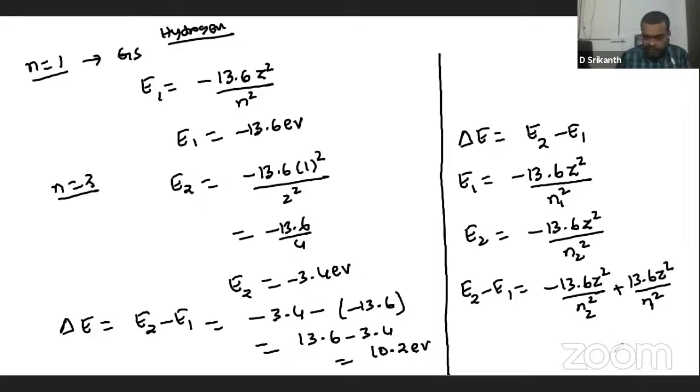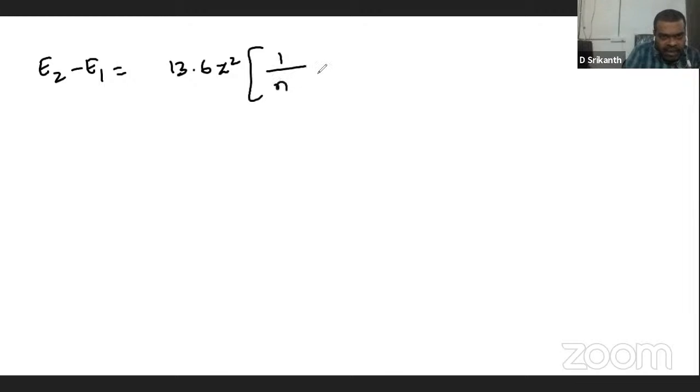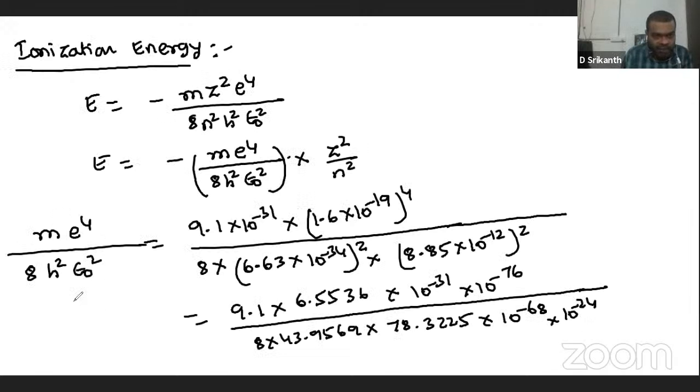Is it right? So E2 minus E1 is equal to 13.6 Z square times 1 by N1 square minus 1 by N2 square. Here 13.6 means we got the value, that is m e power 4 by 8 h square epsilon naught square.